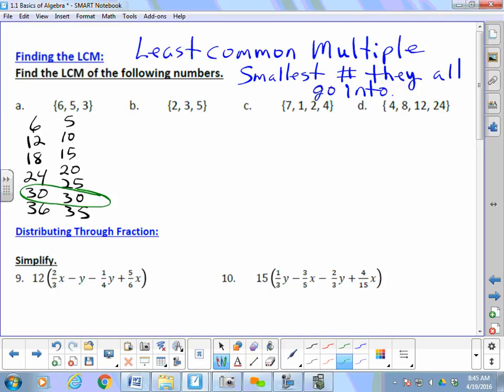Sometimes that's just the product of the numbers. If the numbers are prime, like 2, 3, and 5, the least common multiple is just the product of them. So what's 2 times 3 times 5? 30. So the least common multiple for these is 30 also.